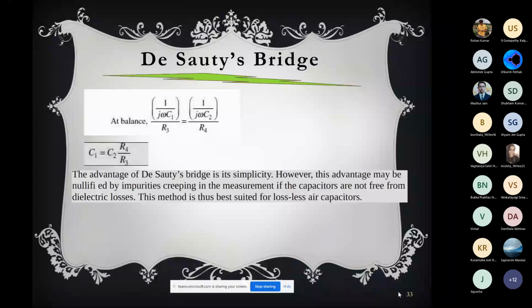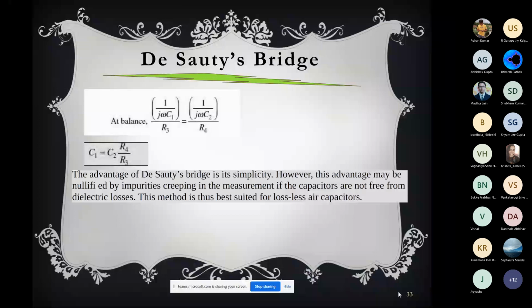If the capacitances are made up of dielectric material, dielectric loss will come into the picture, and it will not be very good. But if the capacitances are air capacitances, the dielectric loss is very small. For those types of capacitance, this bridge can be used very easily, and you will get very good results.